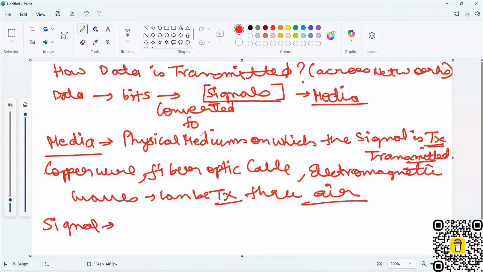But the question arises: what is a signal? A signal is nothing but electrical or optical patterns that are transmitted from one connected device to another.